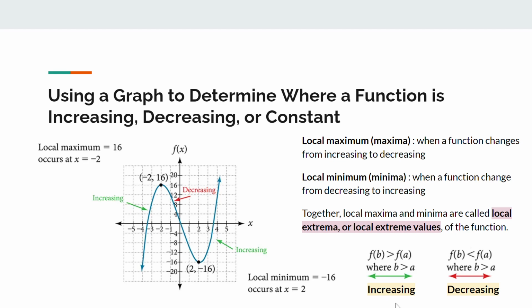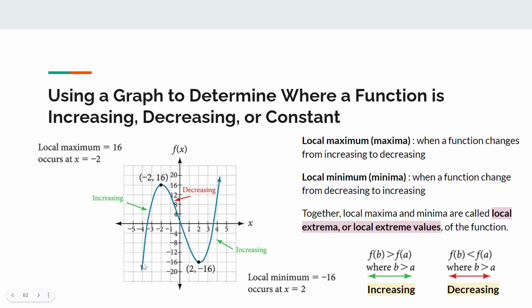A function is increasing where f of b is greater than f of a, where b is greater than a, like this. This point right here is negative 4, negative 16.